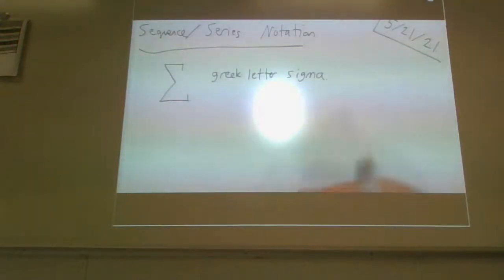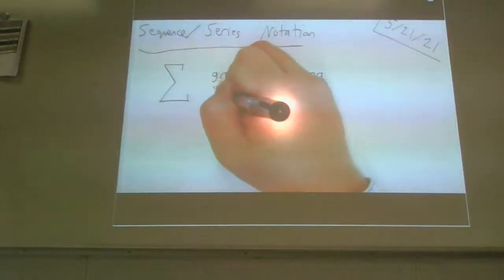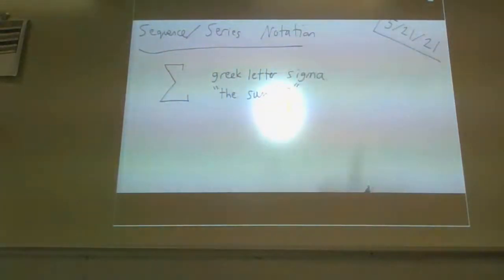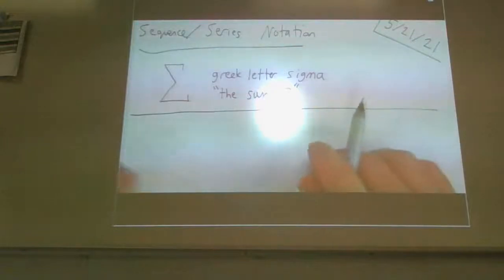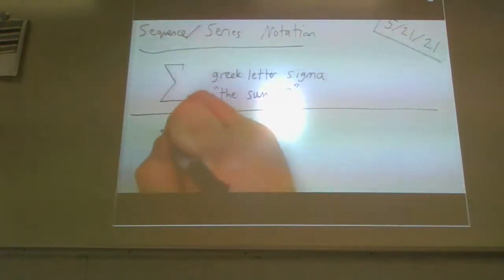This is capital sigma. It means the sum of, end quote. It just means the sum of. What it really means is they want you to add up a ton of stuff. And I'll describe what that is with this example.